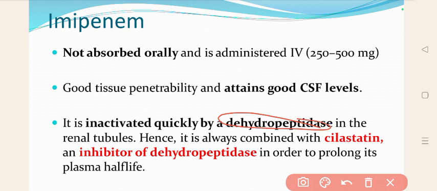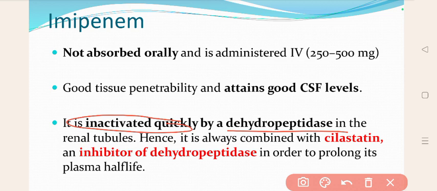Hence, it is always combined with cilastatin, which is an inhibitor of dehydropeptidase, in order to prolong its plasma half-life. It is always given in combination as imipenem-cilastatin, because if given alone, it is inactivated by dehydropeptidase in the renal tubule.